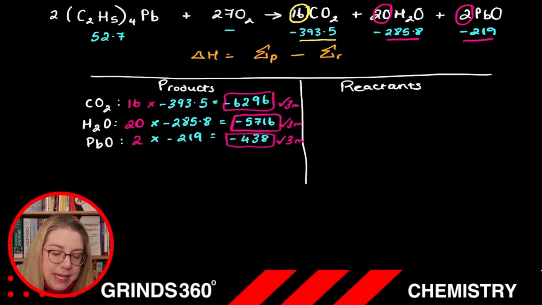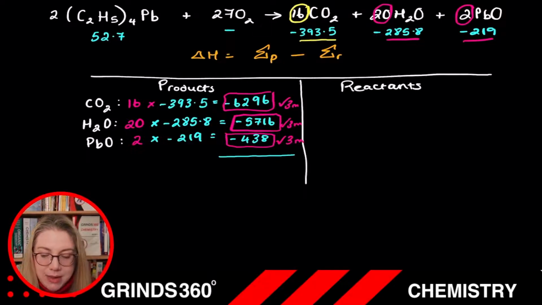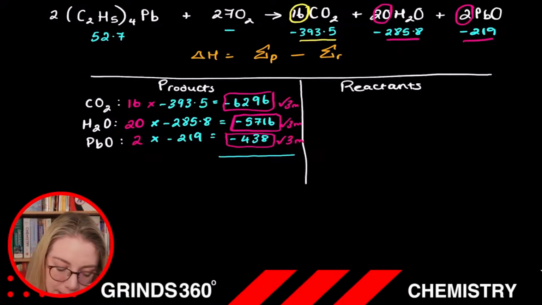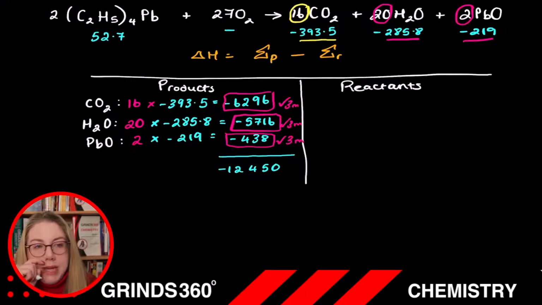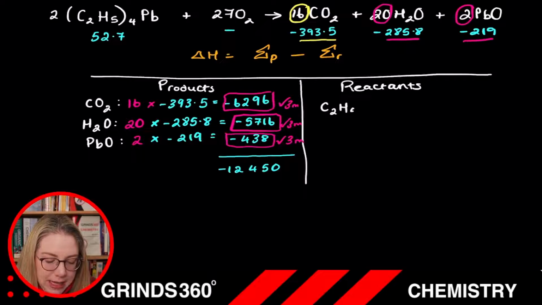Now remember, we have to get the sum of the energy of the products. So I'm going to add those 3 numbers together now before I do anything else. And that gives me minus 12,450 kilojoules. Now, we don't get marks for writing minus 12,450, but we're going to get marks for using it in a minute. Then my reactants, I have my tetraethyl lead, which is (C2H5)4Pb.